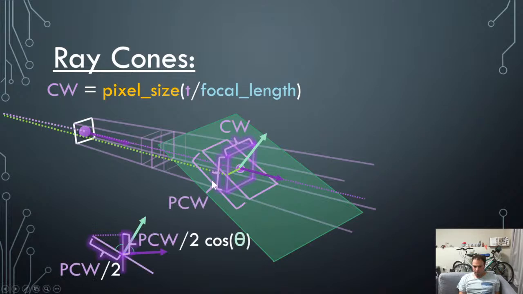So if we look at this, we have the normal, and we have the ray direction, and we have this angle between them, and the cosine, and it's the same angle here. If anybody did shading with the Lambertian model, it's kind of the same thing.